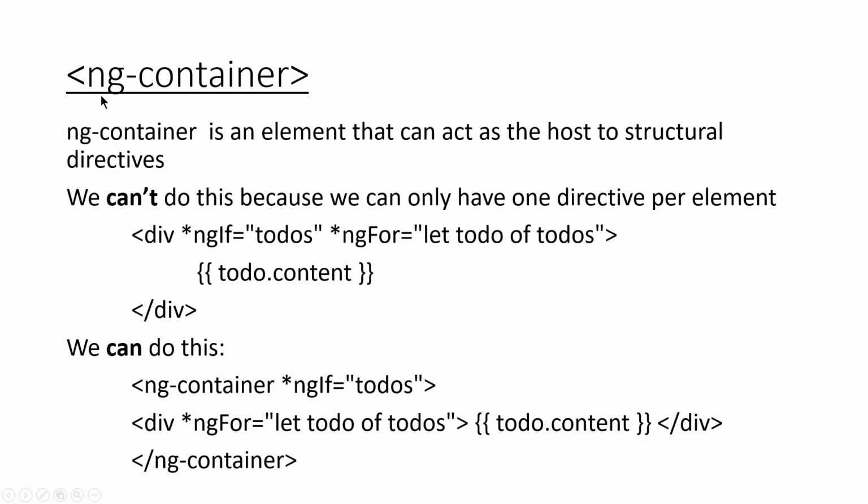What we can use the ng-container for is to create a wrapper around a particular item, which will not inject any HTML of its own into the document, but can be used as the wrapper to do our structural directives on for sub bits of information.